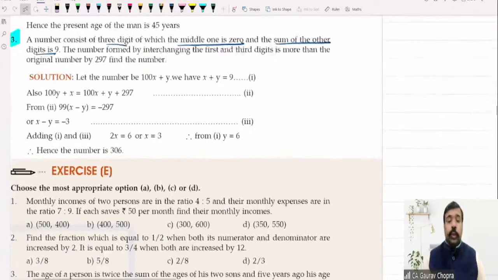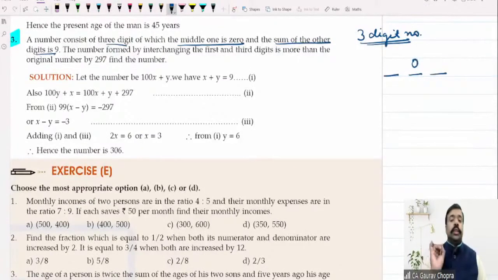So now, according to this question, there is a 3-digit number. And of this 3-digit number, the middle number is known to us. The middle number is 0. And we are given the sum of other two numbers. The sum of other two numbers is 9. Let's say if the first number is 4, then other number will be 5. If the first number is 3, then other number will be 6.